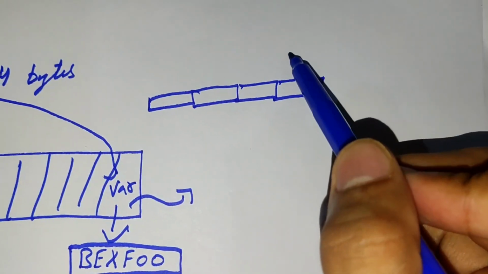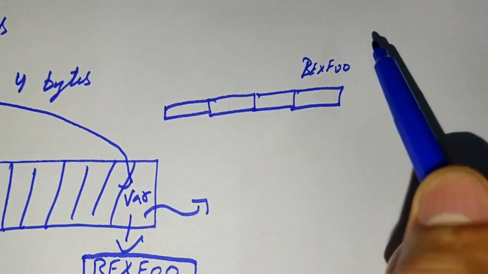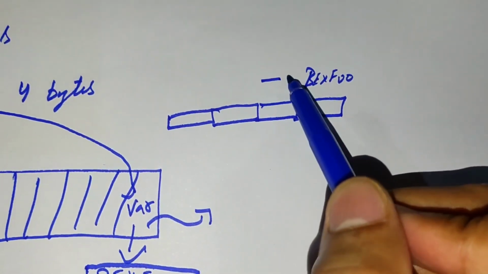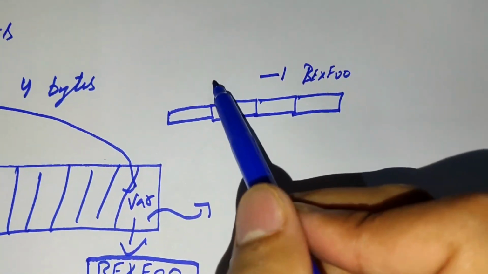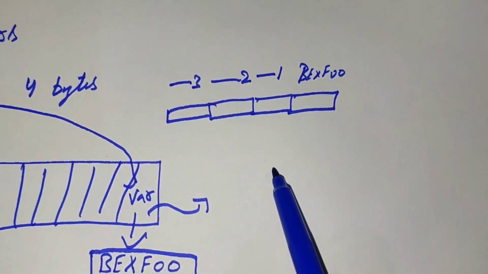Let's say BEXF00, then the same with 01, 02, 03.